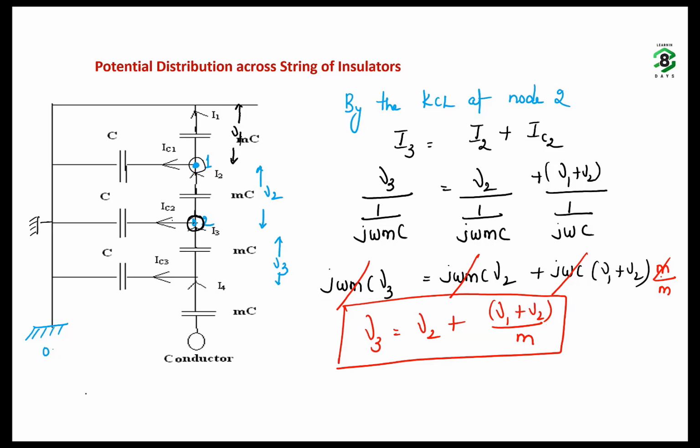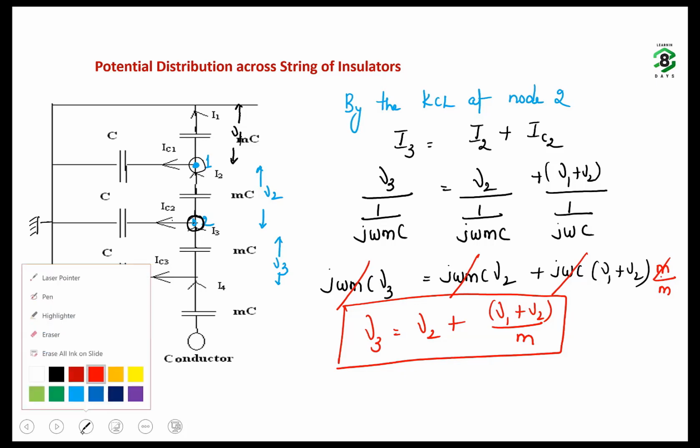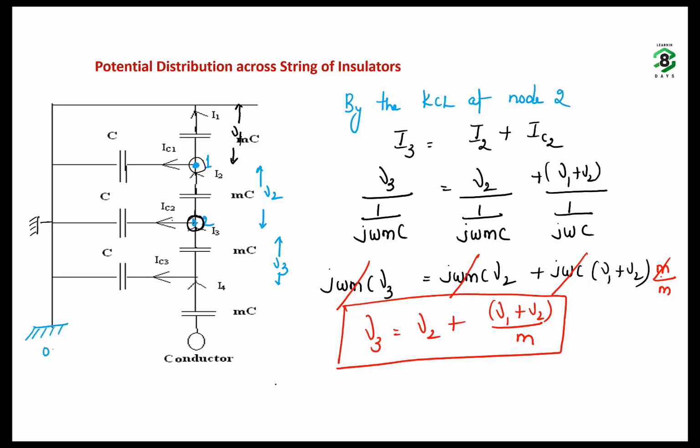The generalized formula is, you need not remember any of the derivation. You can simply write: the voltage of the ith disk is given by the voltage of the (i minus 1) disk plus V1 plus V2 plus V3, and so on, up to V(i minus 1), divided by m.